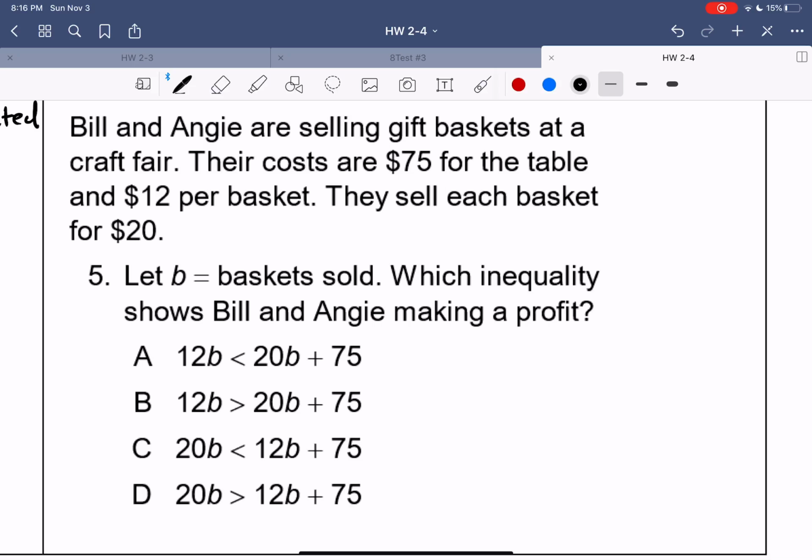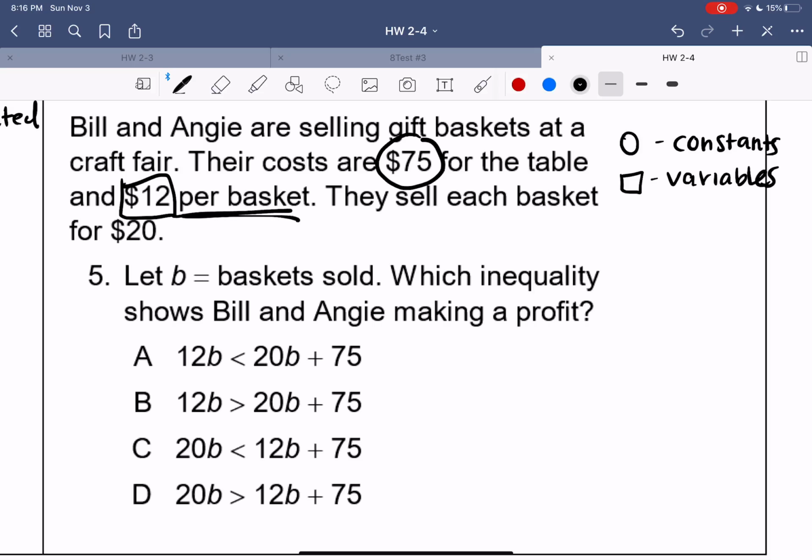All right, so going back to circling constants and boxing variables, we have their $75, that's for the table. And then we have $12 per basket, so that depends on the number of baskets.